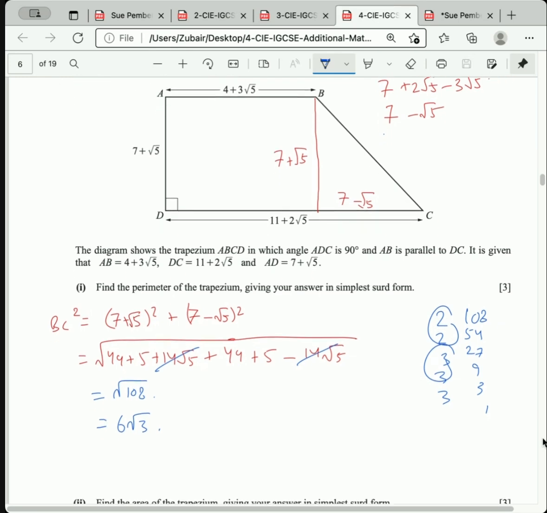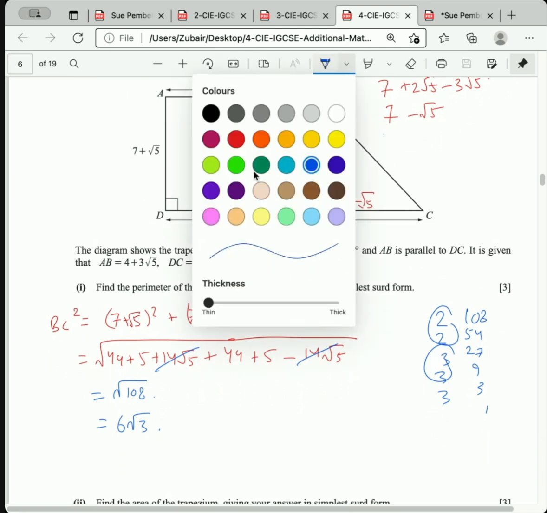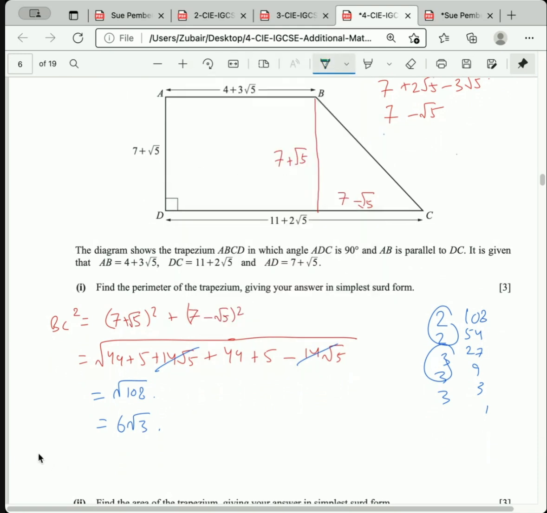Now for perimeter, we can add all sides. First one is 7 plus square root 5, plus 11 plus 2 square root 5. The one at the top is 4 plus 3 root 5. Last one is 6 root 3. So 7 and 11, 18, 19, 20, 21, 22.